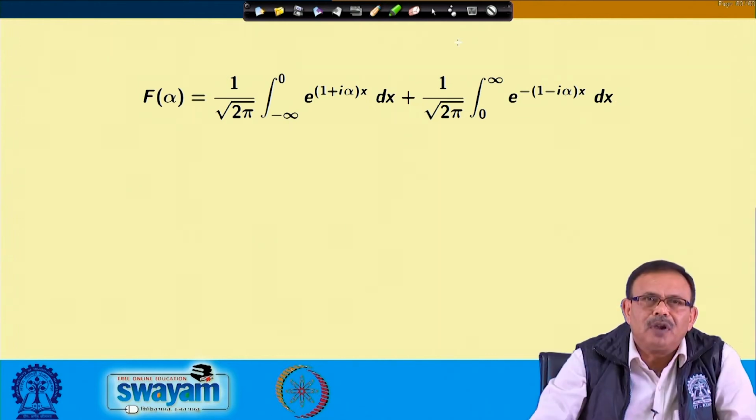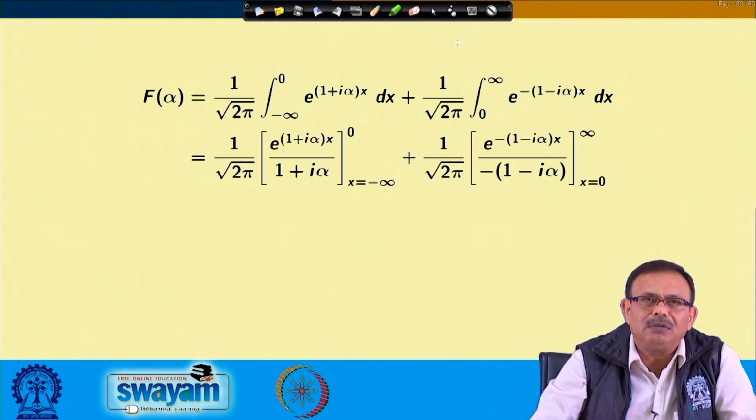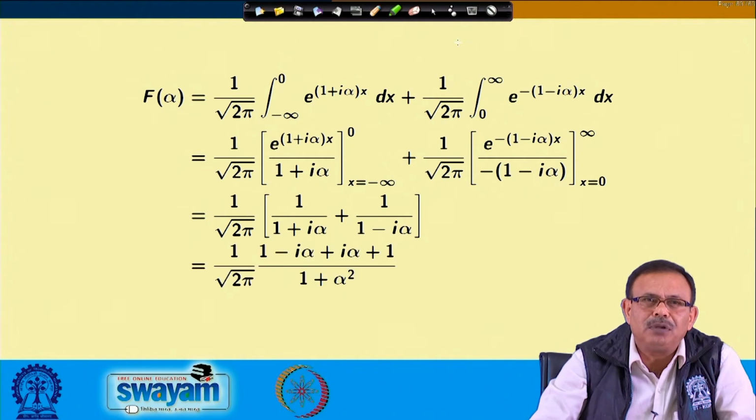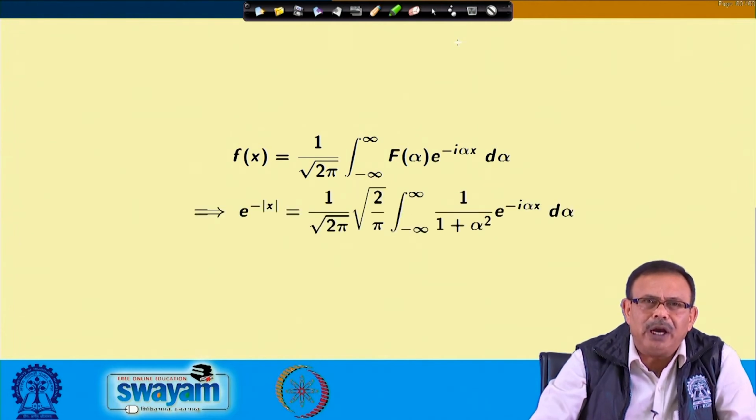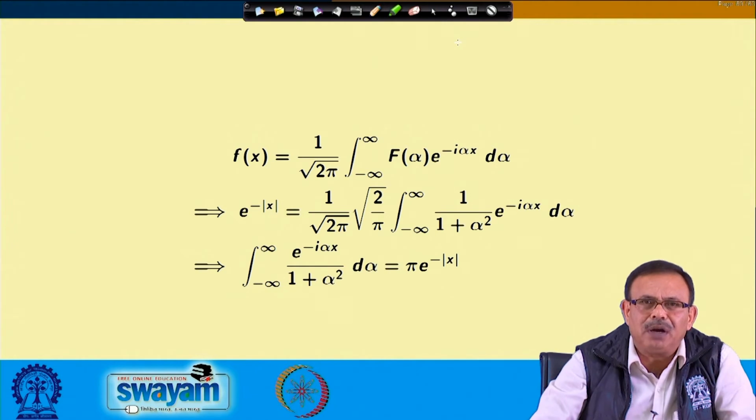Ultimately you obtain the Fourier transform as root over 2 by pi 1 by 1 plus alpha square. So your f x is 1 by root 2 pi, minus infinity to infinity f alpha into e power minus i alpha x d alpha, and this implies f x is e power minus mod x. So the value of the given integral will become pi into e power minus mod x.